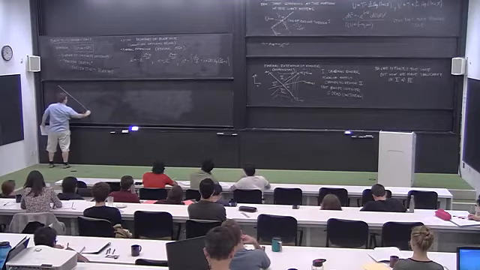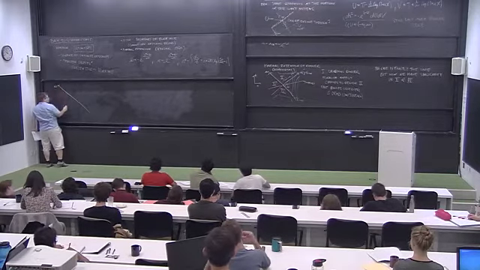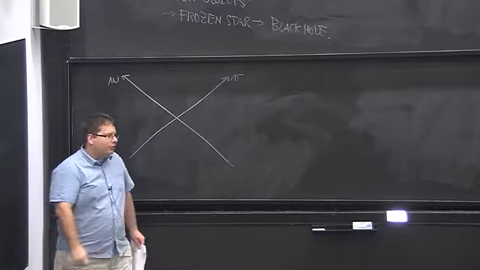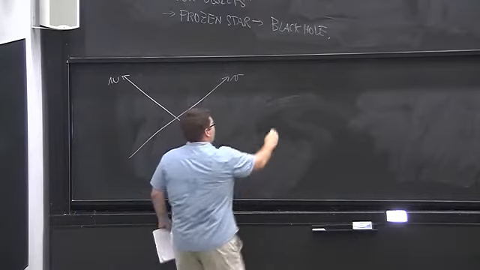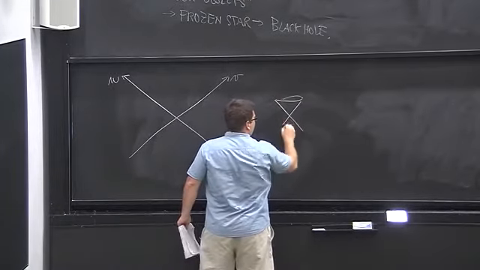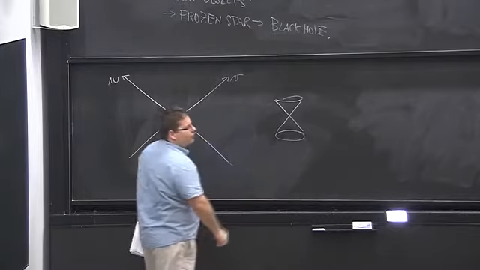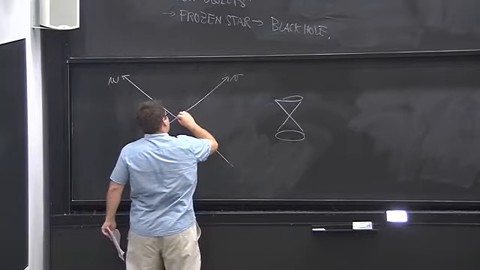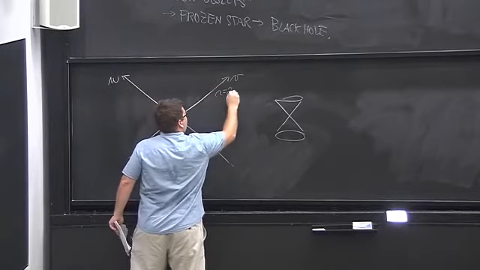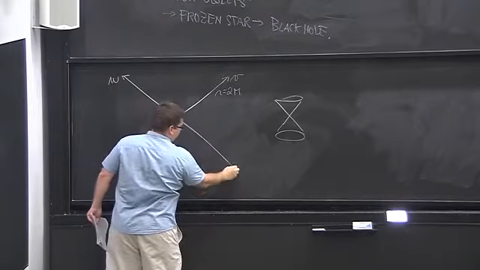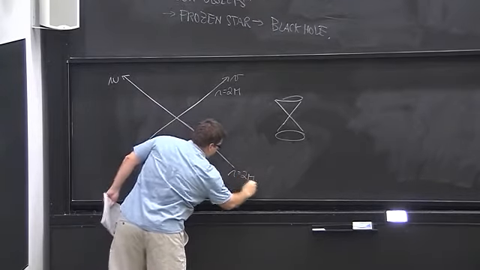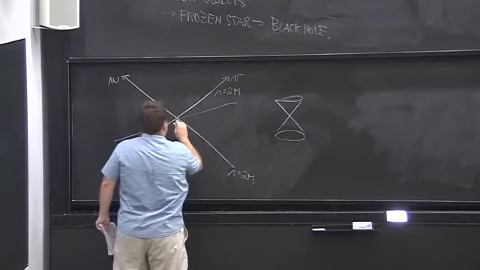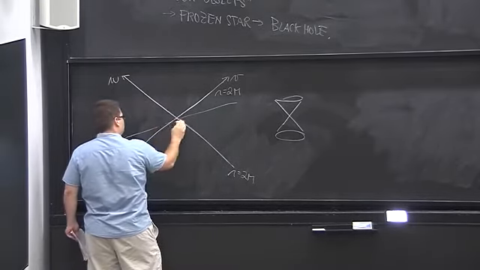This is your coordinate U. And this is your coordinate V. And these are constructed so that the light travels at 45 degrees. So this is the light cone. It's really 45 degrees. And then this is my horizon, of course, r equals 2m. This is also the horizon, r equals 2m. And then a t equals constant line in Schwarzschild space-time looks like this.